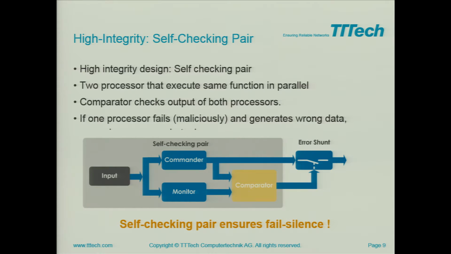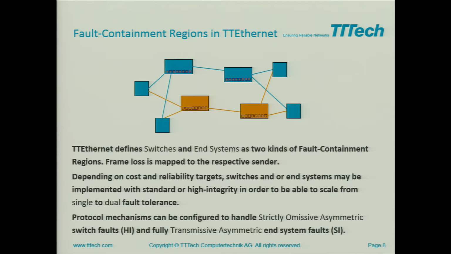If there is a different output from the commander and the monitor, then the output is shut down. And this ensures that there is fail silence. So if we go back to this here, for example, if this switch were faulty, it would not produce an output anymore. The other switch would forward the right output from the end system, and the receiver would see on one line no input, and on the other line the correct input.